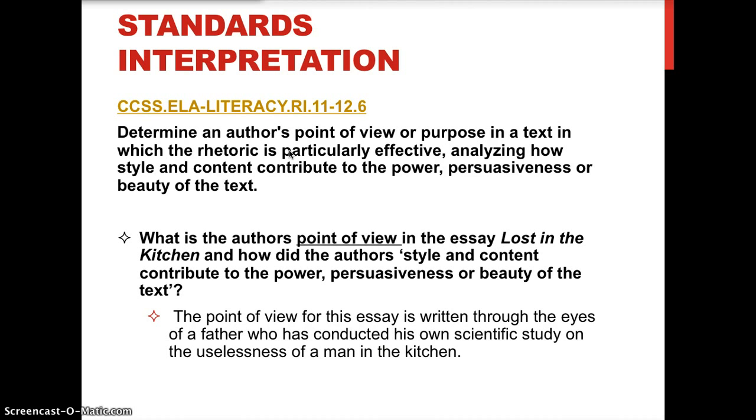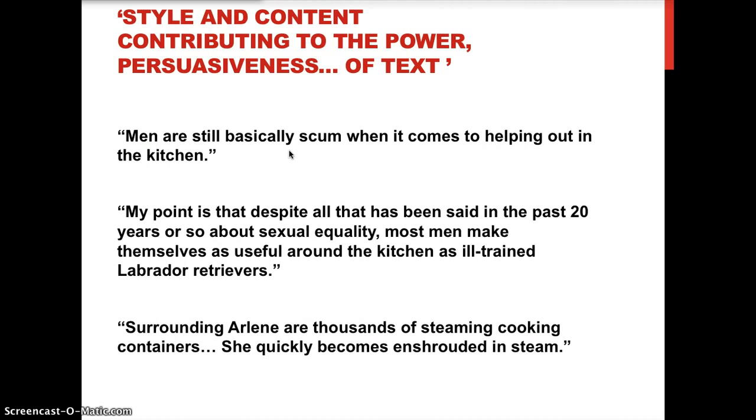The point of view for this essay is written through the eyes of a father who has conducted his own scientific study, actually, on the uselessness of a man in the kitchen, particularly during Thanksgiving.